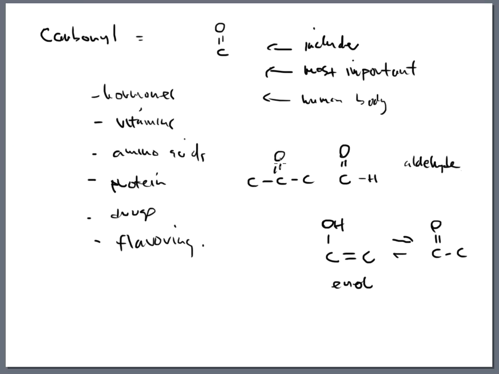And if that enol tautomer did what it was supposed to do, then the C double bond O would go in the middle. And if there wasn't a hydrogen on the left or the right, this was called a ketone. Folks, these are two carbonyl classifications that you already know at this point.